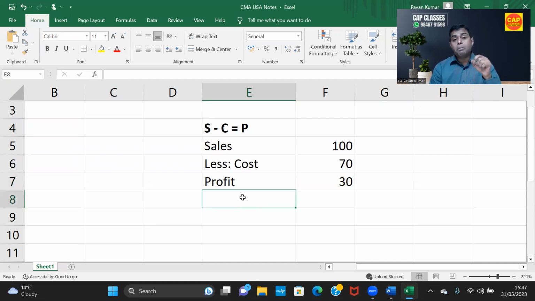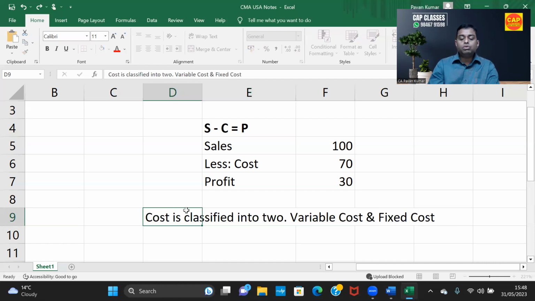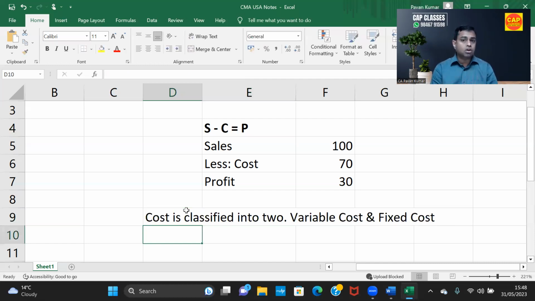For the purpose of marginal costing or cost volume profit analysis, cost is classified into 2, namely variable cost and fixed cost. Now the question comes, what is variable cost? What is fixed cost?